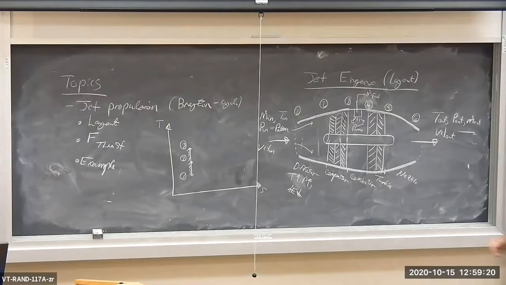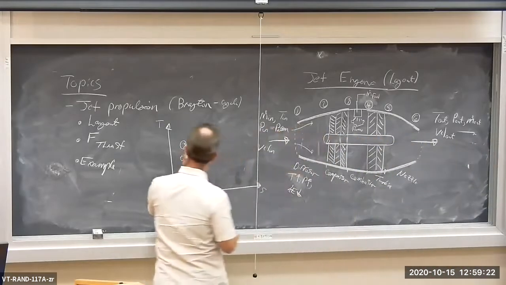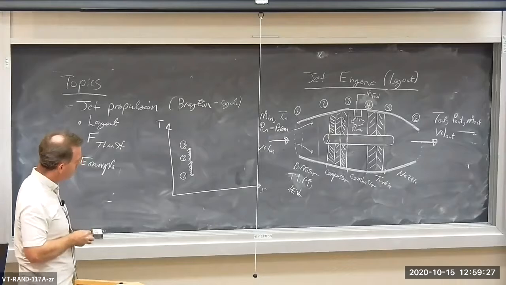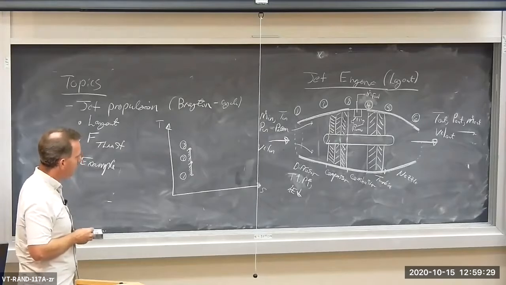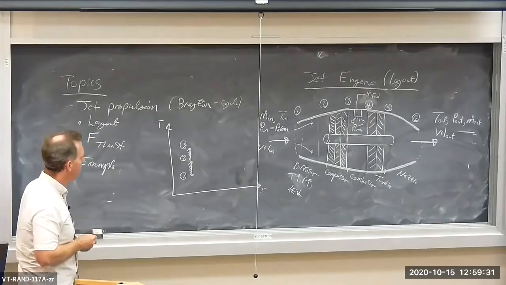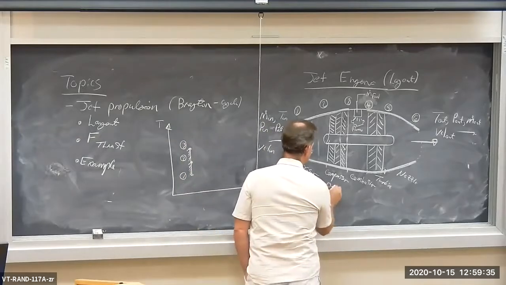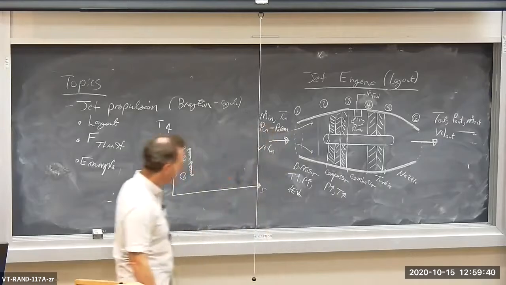If they were irreversible, of course, there'd be some slope to these process curves, all right? So the air passes through a compressor and pressure goes up, and we end up at state 3. So pressure goes up and temperature goes up as it goes through the compressor, okay?